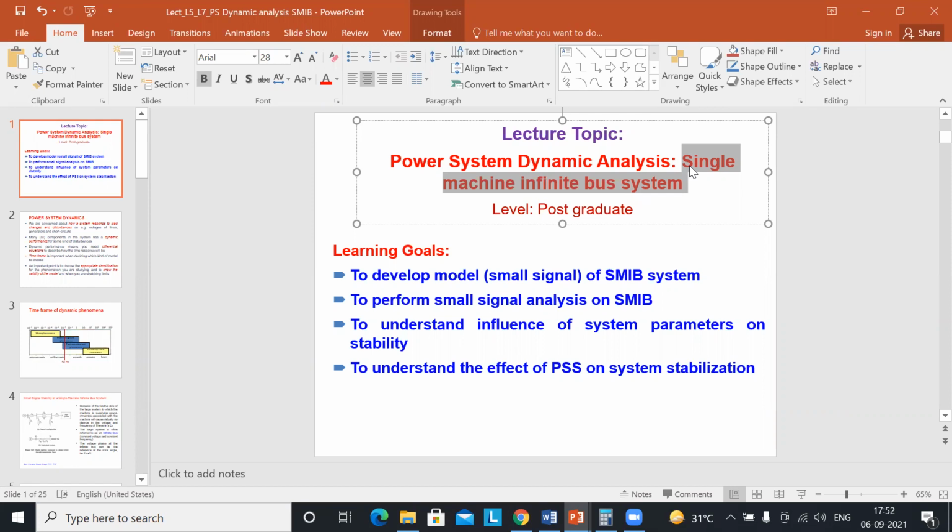We will not consider the dynamic analysis of several generators in the system, just one generator with respect to the complete network.